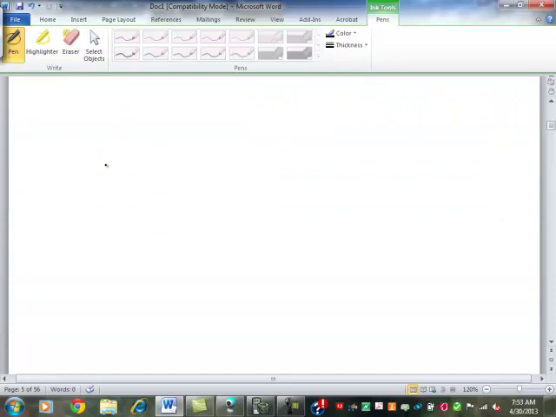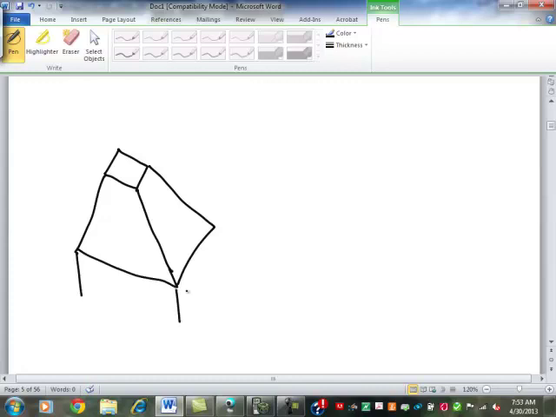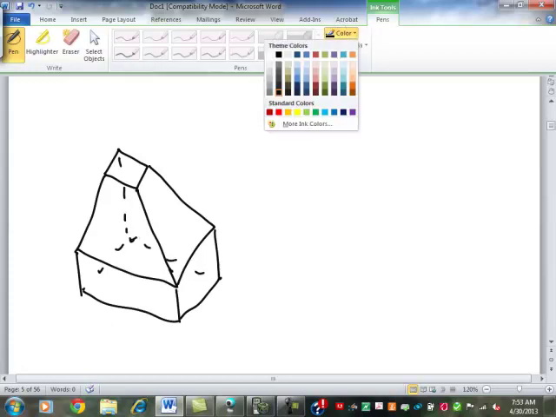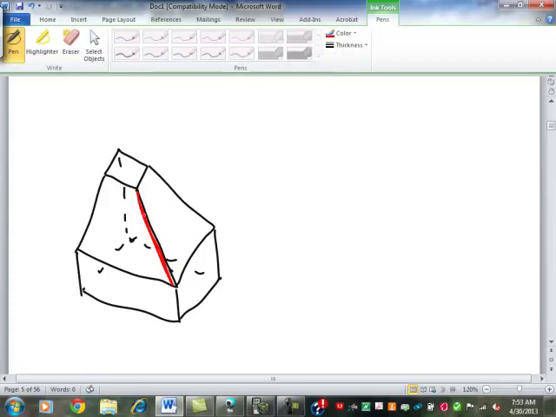The next one. Look like this. And we're concentrating on this edge right here, the intersection of the two surfaces.